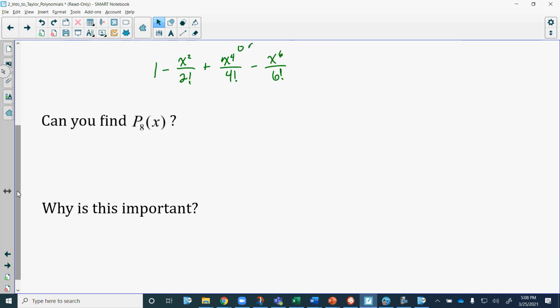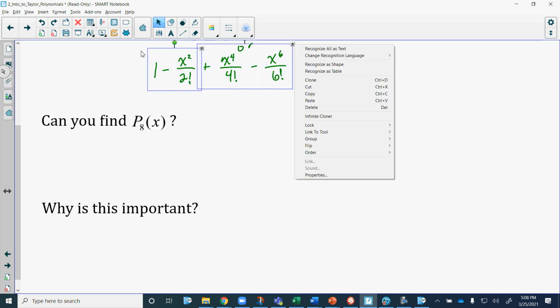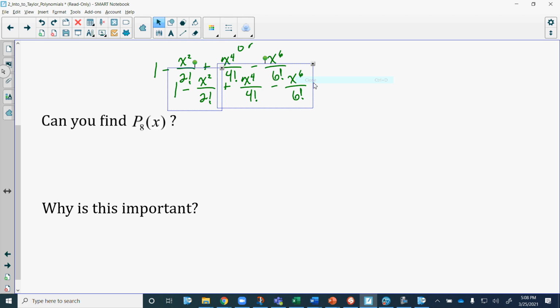the 8th degree approximation? So it's basically going to be the same thing that we had here. I'm going to just kind of take this and see if I can duplicate it. No, I don't see a duplicate thing. Clone, there we go.